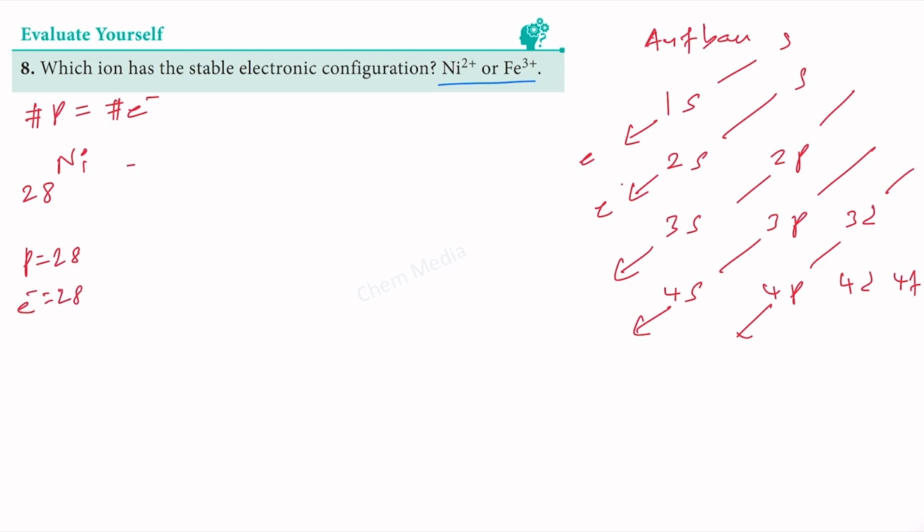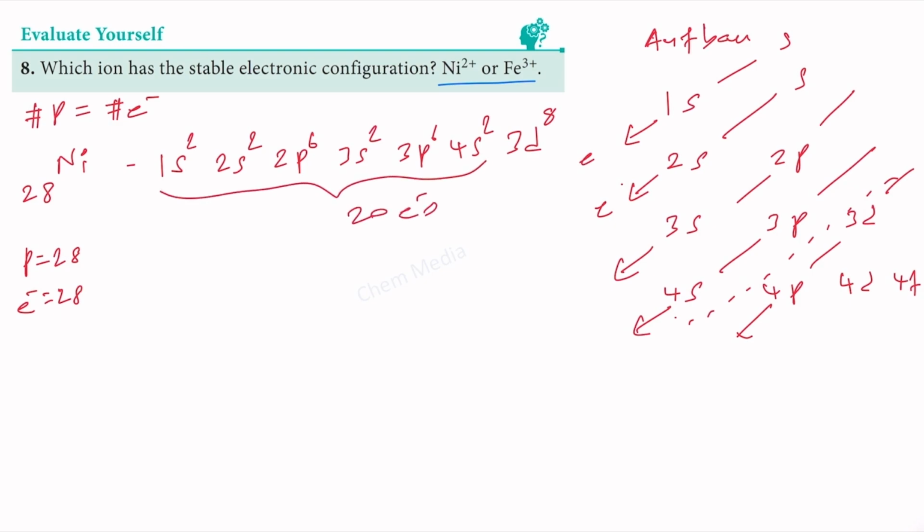So, let us write the electronic configuration: 1s2, 2s2, 2p6, 3s2, 3p6, and then 4s2, and then after 4s2 we go to 3d. In 3d we should have only 8 electrons, because until here it counts to 20, isn't it? 20 electrons and then plus 8. So, therefore, 28 electrons.